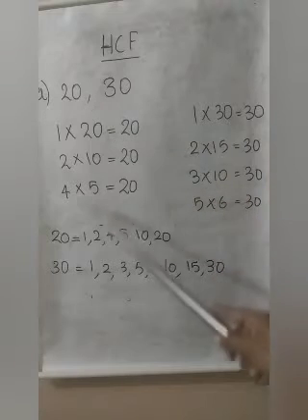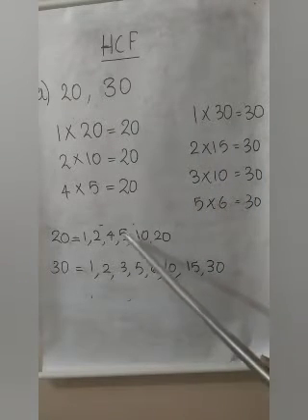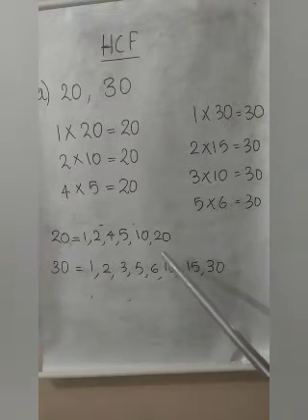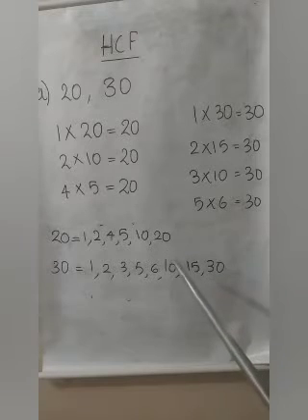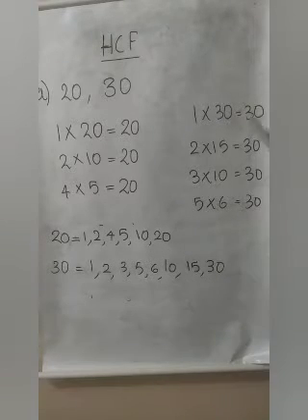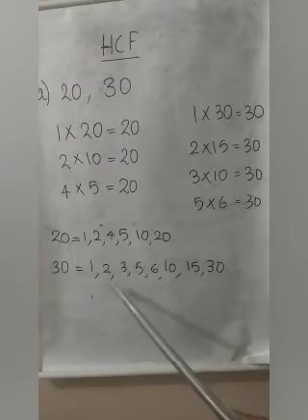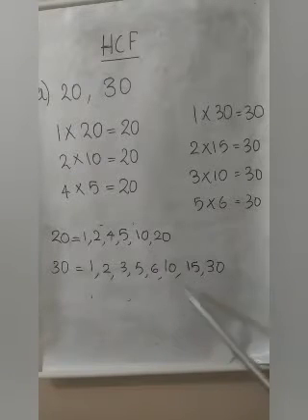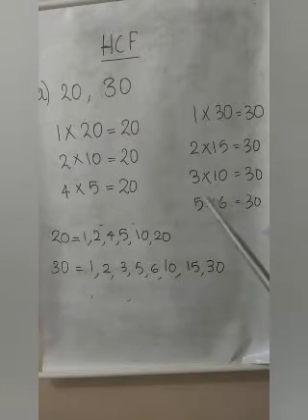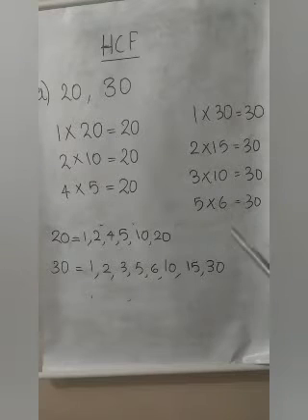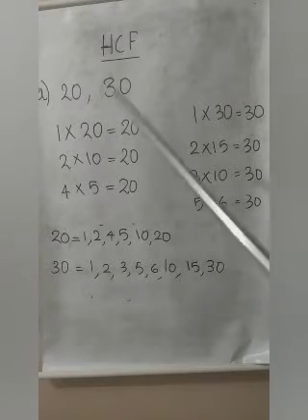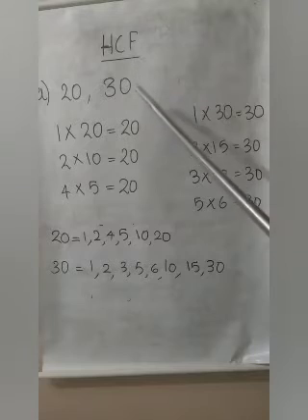Factors of 20 are 1, 2, 4, 5, 10 and 20. You know how to find the factors of a given number. Similarly, the factors of 30 are 1, 2, 3, 5, 6, 10, 15, 30. So now we got the factors of each number. That means we found factors of 20 and 30.